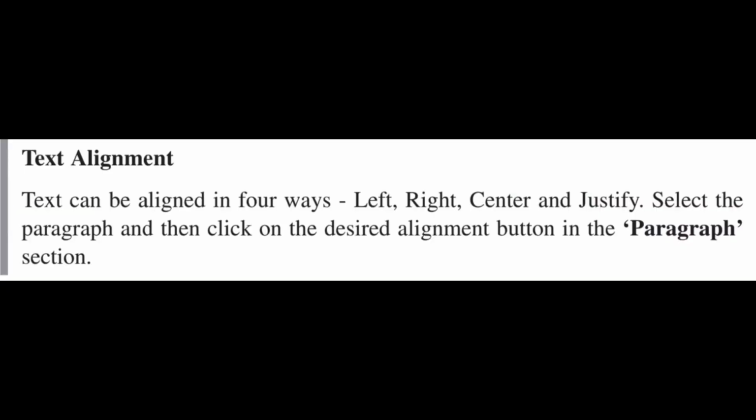Then text alignment. Text can be aligned in 4 ways: left, right, center, and justified. Select the paragraph and click on the desired alignment button in the paragraph section. So you can see in 4.18, you can align your paragraph in your document according to your need.